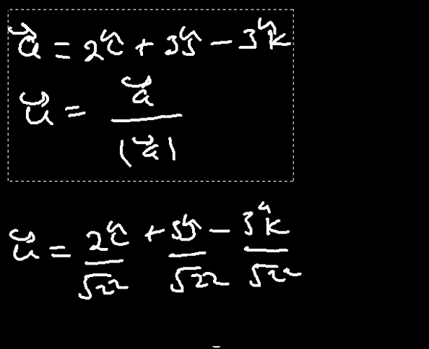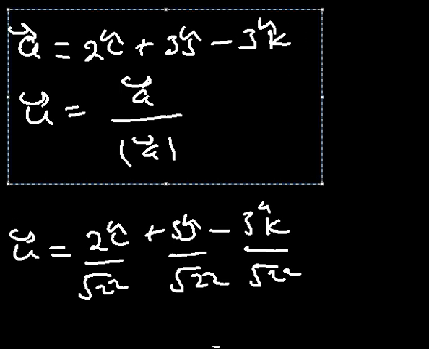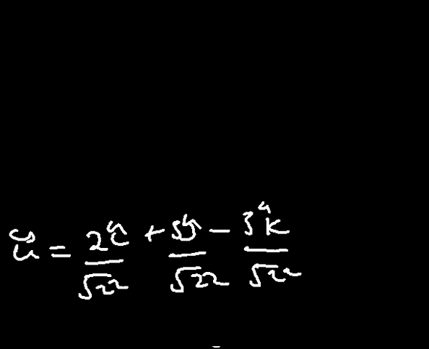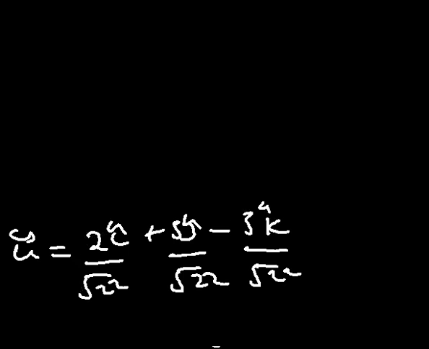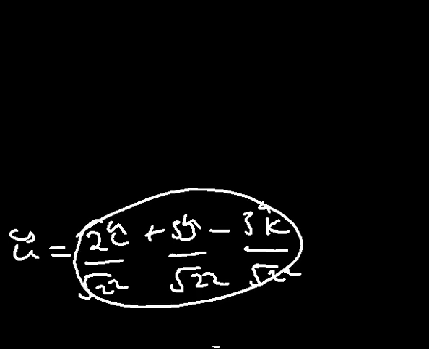Now what if we'd like to have a magnitude other than 1 for the unit vector of vector A? If we'd like to have vector u with a magnitude of 2, we multiply this one by 2. To have a magnitude of 5, we multiply by 5.